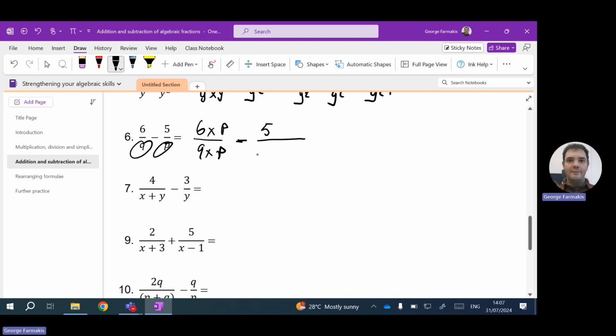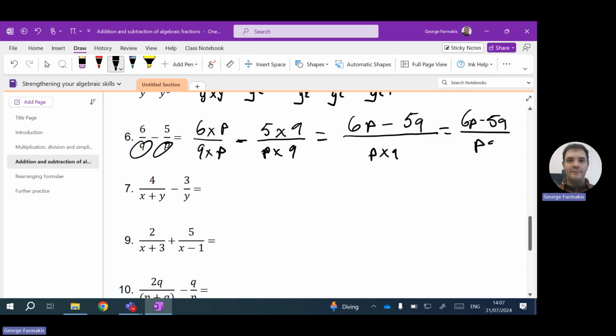I write the second fraction, 5 over p. I multiply numerator and denominator by the denominator of the first fraction, q. So now I have q times p, which is the same as p times q, and I subtract, so 6p minus 5q over pq.